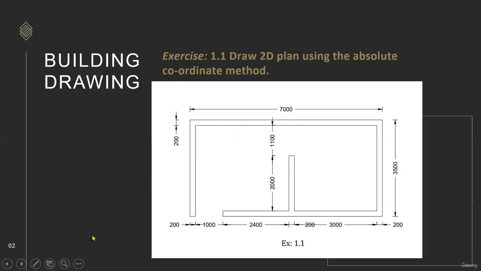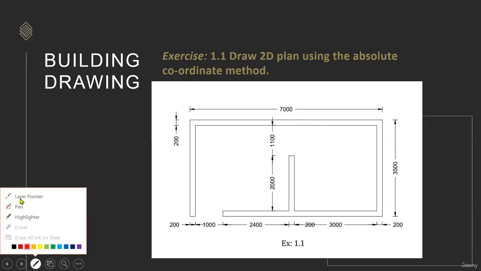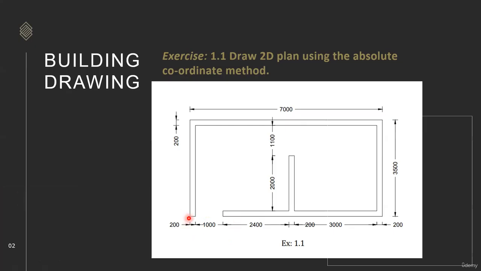So exactly, first we just go. This is our lower left corner, this is our upper right corner, this is our upper left corner, this is our lower right corner. Correct?